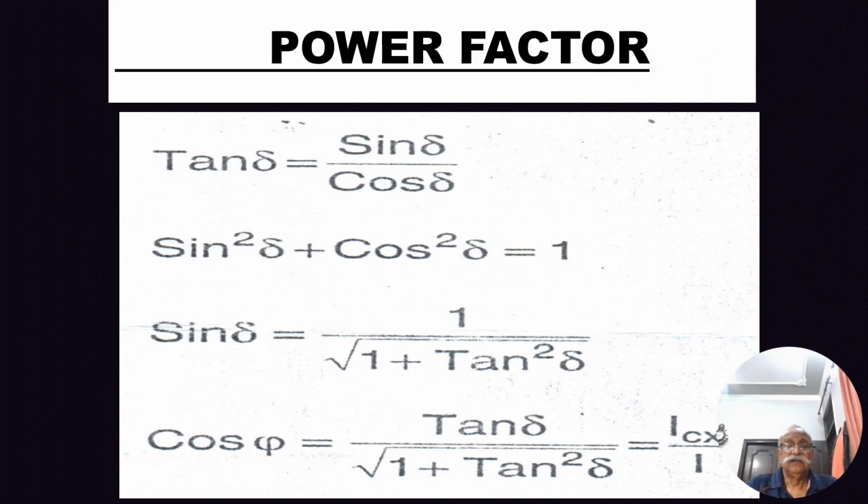Now power factor: tan delta, sin delta, cos delta, or sin square delta plus cos square delta is equal to 1, or cos phi is equal to tan delta divided by the square root of 1 plus tan square delta.